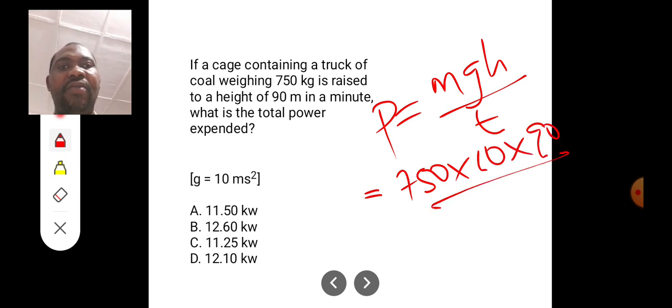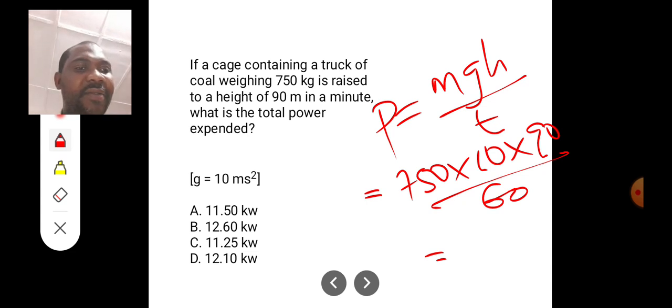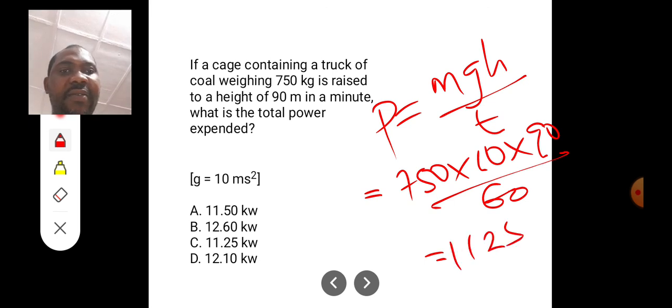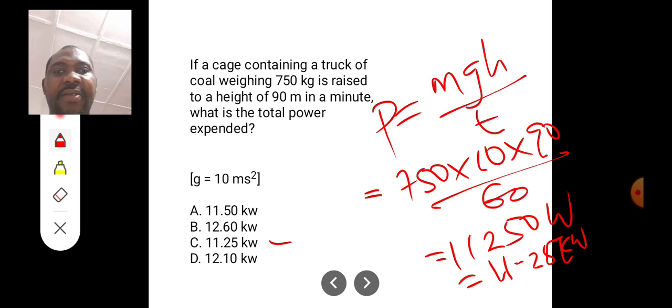The time here is 1 minute, which means 60 seconds. So we have 750 times 10 times 90, divided by 60. That gives us 11250 watts, which means 11.25 kilowatts. So the answer here is C.